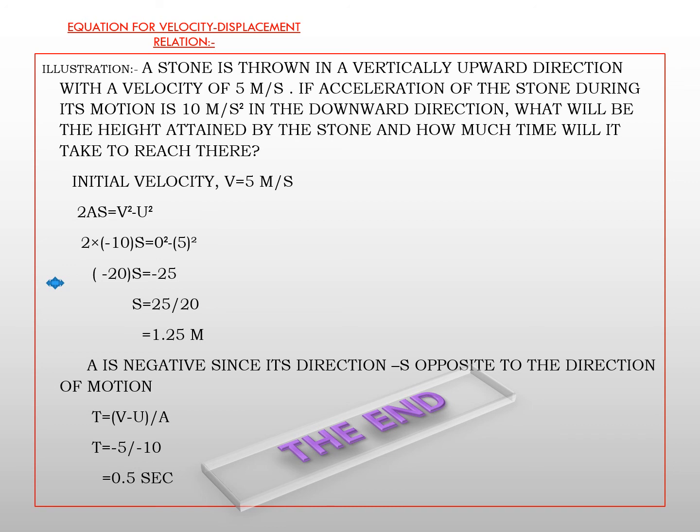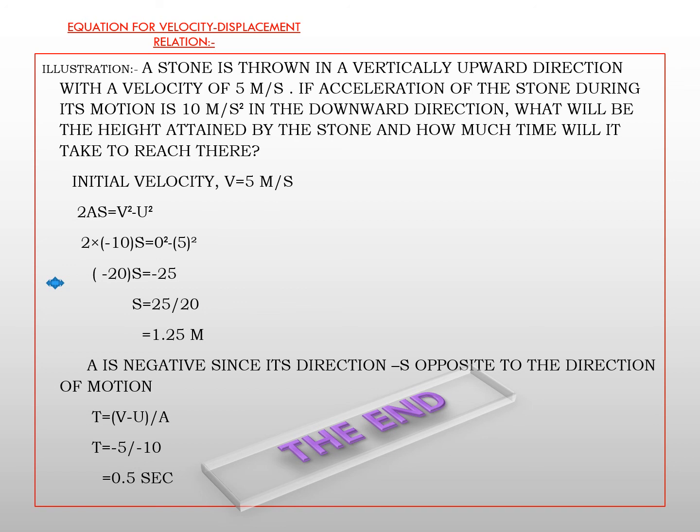After putting the values, acceleration should be written with a negative sign because it is downward: minus 10. So 2 into minus 10 is minus 20, times the displacement s, equal to 0 square minus 5 square. Final velocity at maximum height, velocity along the y-axis becomes 0. You should remember that. So minus 20 s is equal to minus 25, and s is equal to 25 by 20, minus minus becomes plus.